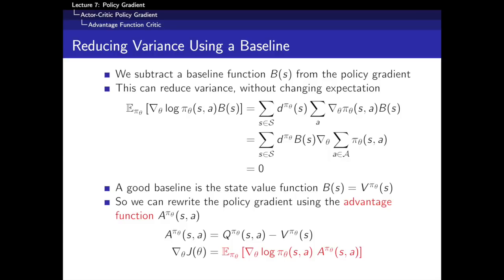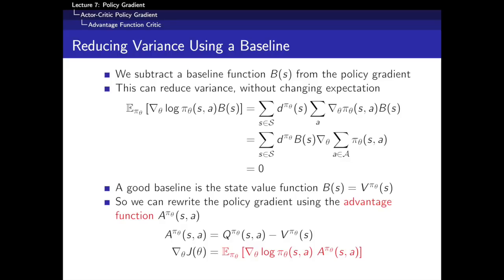Very briefly, if we just expand this out, our expectation is an expectation over states, multiplied by the gradient of our policy, multiplied by the baseline. We can pull the baseline outside of this sum because it doesn't depend on the action. We can pull the gradient outside of this sum, and then we know that our policy sums up to 1.